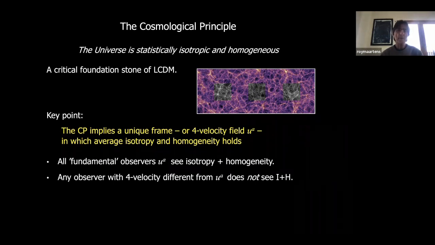So all of these fundamental observers moving with the radiation and the matter will see isotropy and homogeneity. And any observer with a different four-velocity will not see isotropy and homogeneity. So this sounds all straightforward, and it's part of the standard nature of the lambda CDM model of cosmology.